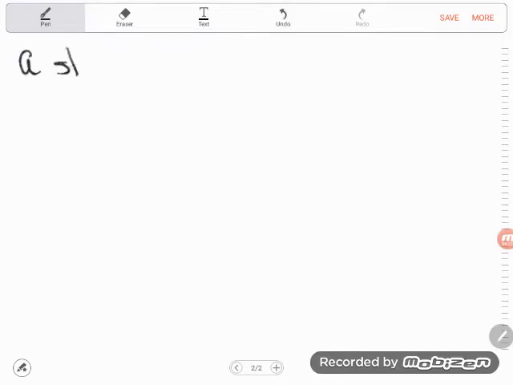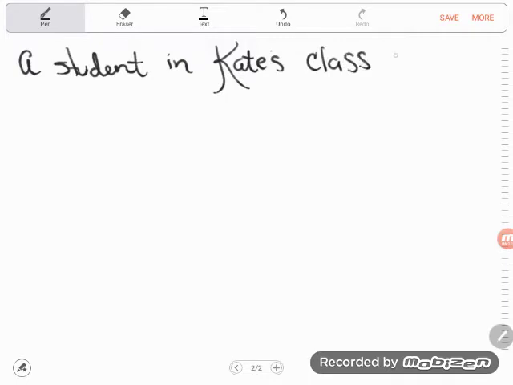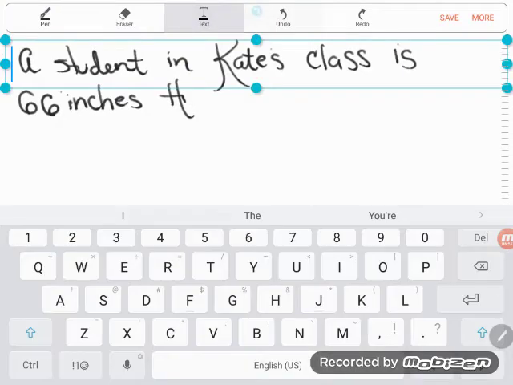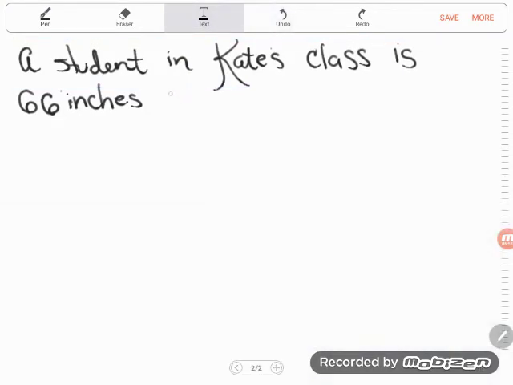A student in Kate's class is 66 inches high. 66 inches, we don't usually say high. What in the world, Kate? How about tall? 66 inches tall.